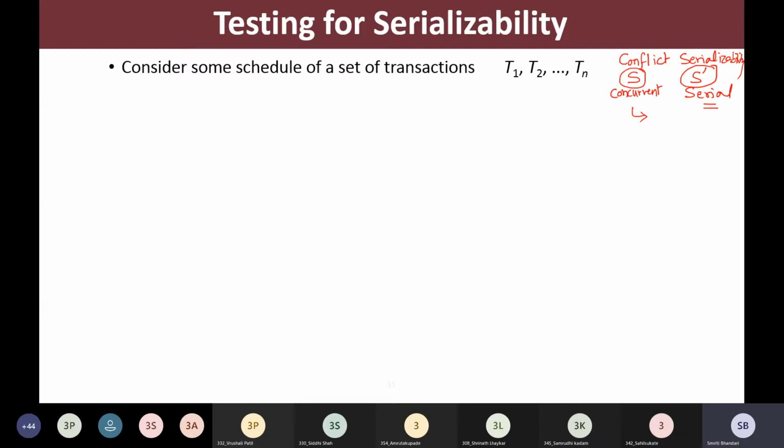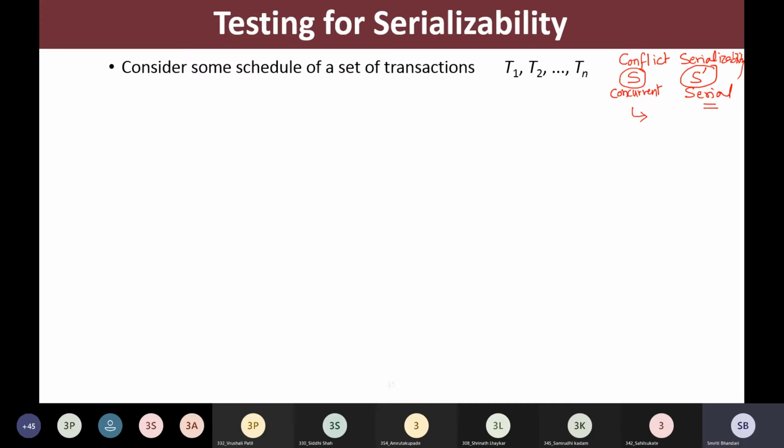And we always want our scheduler to create such conflict serializable schedules, right? So let us see now how to test whether our schedule is serializable or not, because usually the length of the schedules is too big, and not only two transactions but many transactions are participating in a single schedule.